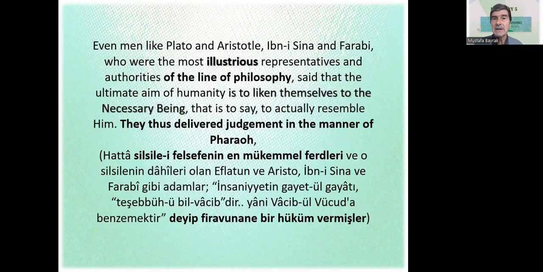Even men like Plato and Aristotle, Ibn Sina and Farabi, who were the most illustrious representatives and authorities of the line of philosophy, said that the ultimate aim of humanity is to liken themselves to the necessary being. That is to say, to actually resemble him. They thus delivered judgment in the manner of Pharaoh.